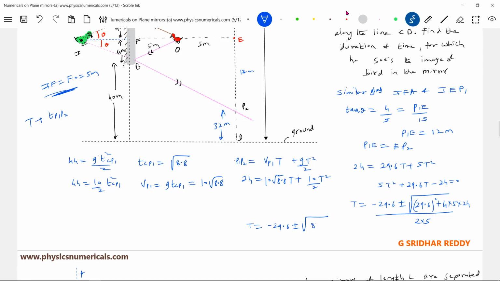Oh, lengthy calculations. 876.2. 20 into 24, 480, by 10. So 480 plus 876.2, 1356.2.